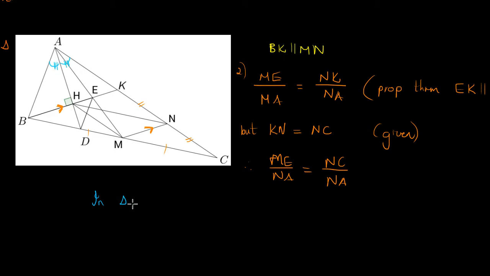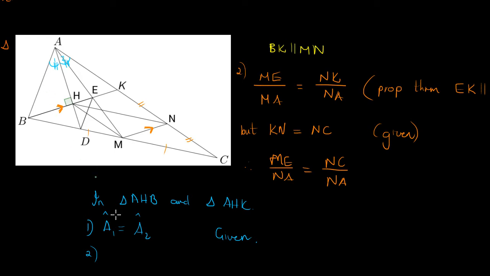So in triangle AHB and triangle AHK, the first thing we know is that A1, let's name that one 1, A1 is equal to A2. That's given.